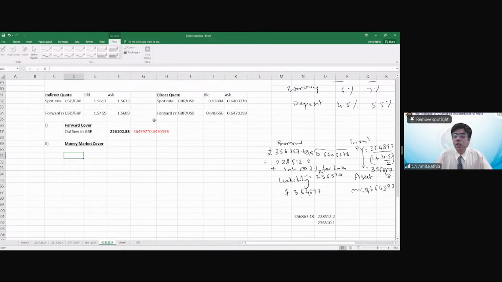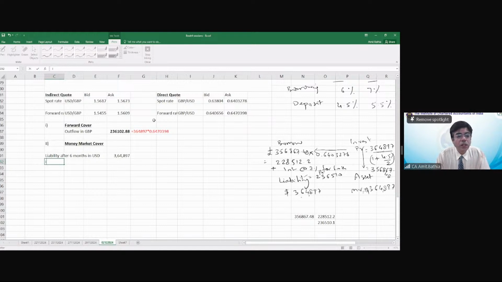So how much is going to be my outflow? Let me find out first of all my liability after 6 months. USD is how much? 364,897, right? So this becomes the maturity value of my investment.